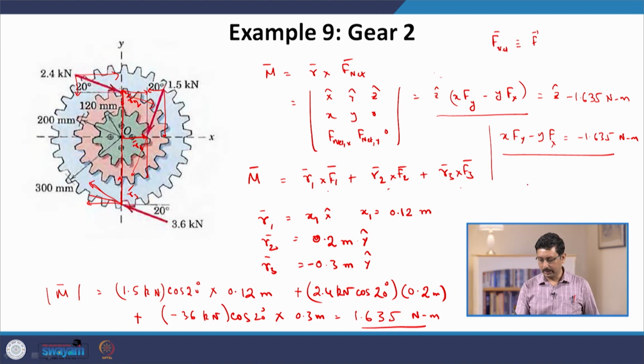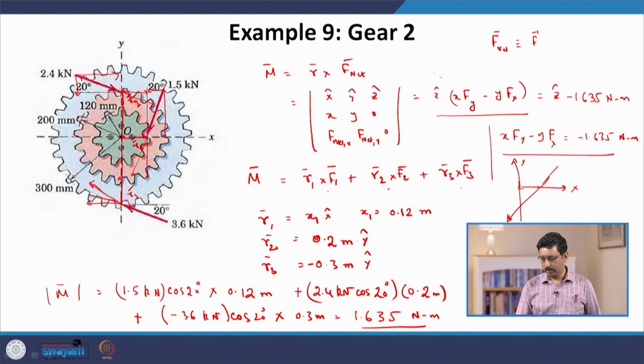So what do I mean by that? It means that suppose this is my x axis and this is my y axis, I draw again, and this force is directed along, we determine the direction of the force. So this must be the line of action of the force in some sense.